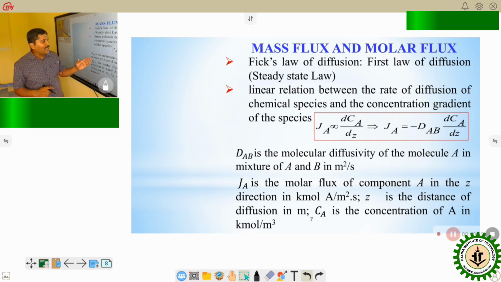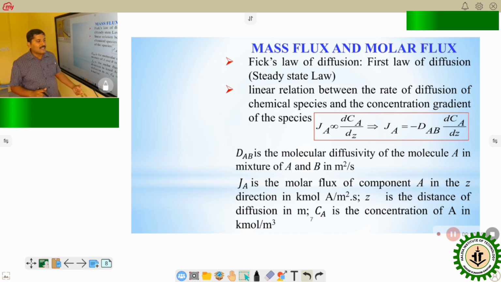Here, D_AB is the diffusivity, and the unit is distance square per time. In the SI system, normally we say meter square per second. J is the molar flux of component A in the Z direction in kilomole A per meter square per second.